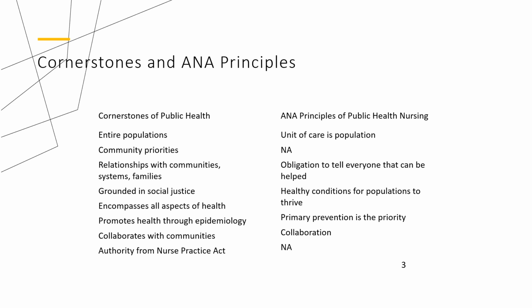The cornerstone of public health nursing is that the nurses encompass mental, physical, social, spiritual, and environmental aspects of health, and that is related to the American Nursing Association's role of public health nursing that focuses on strategies that create healthy environments for populations so they can thrive.